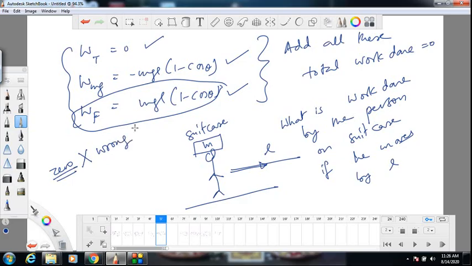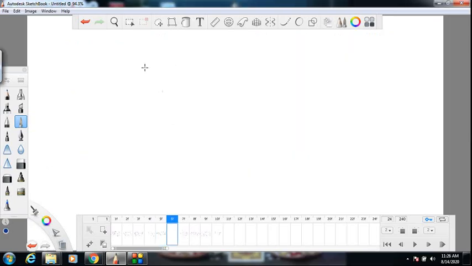First of all, let us see what forces the person exerts on the suitcase. On the suitcase, the person exerts a normal contact force because he is in contact with the suitcase. And the person exerts a friction on the suitcase because he is trying to take the suitcase forward. If friction is not there, what happens? If he keeps the suitcase here and walks, he will go forward and the suitcase will just fall here.